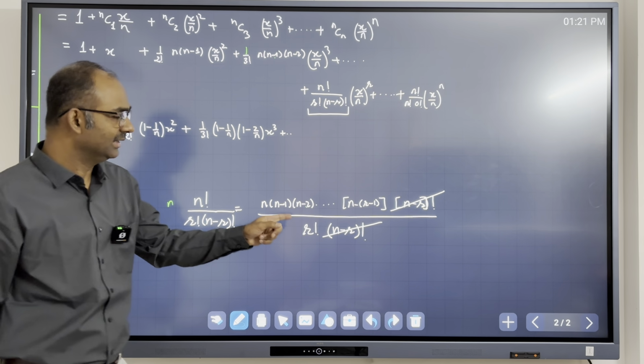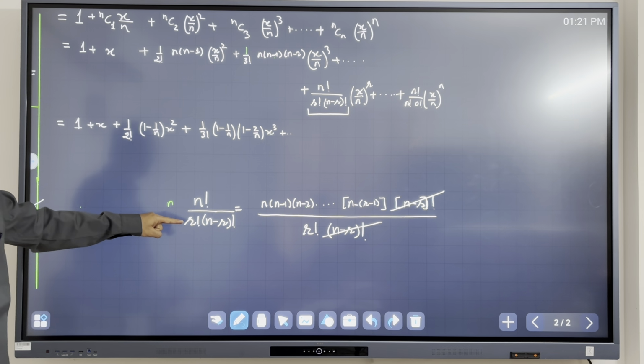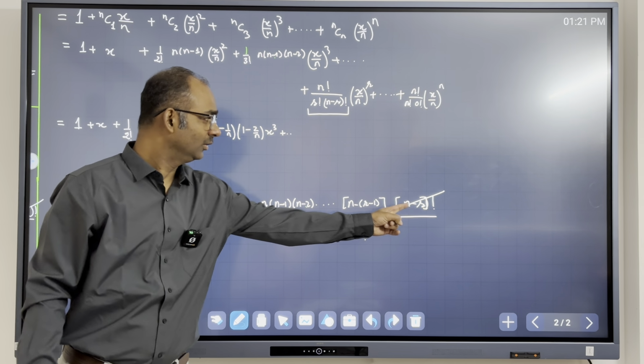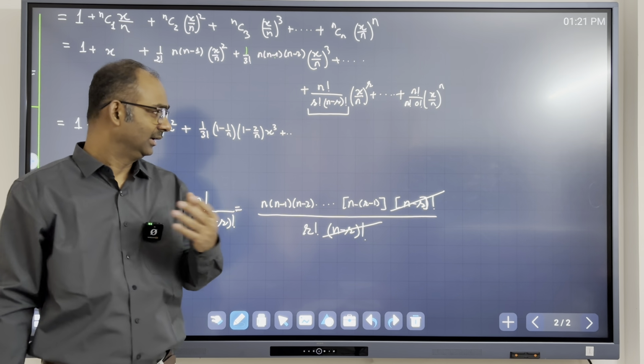When I plug it in here, n factorial has nothing to do with r, right? Then why is r coming in the expression of n factorial in the numerator? I'm arranging it that way.